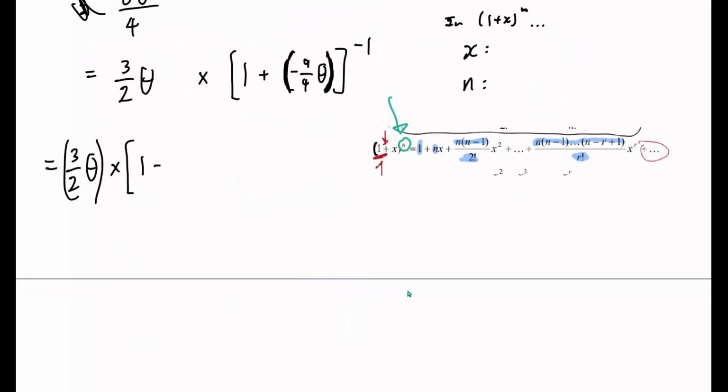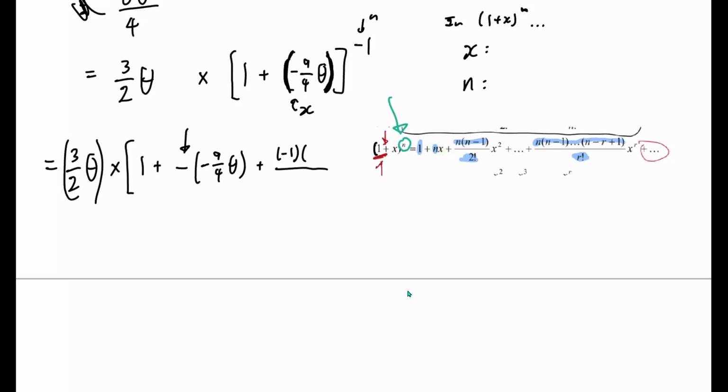1 plus, negative 9/4 theta bracket. Did you mean an extra negative in front? Because there's an n times the x. Then continue. Then plus, fraction.